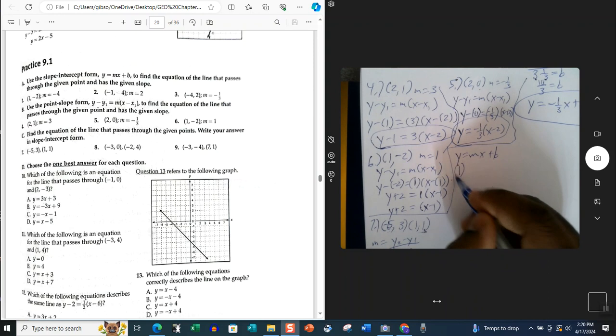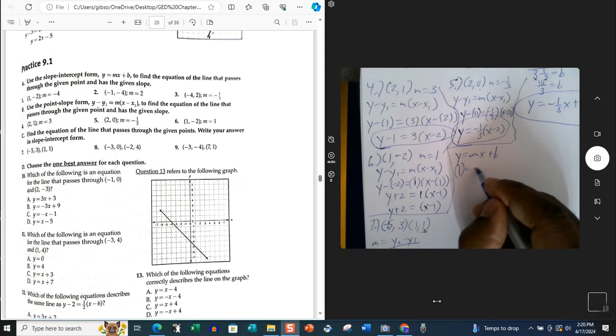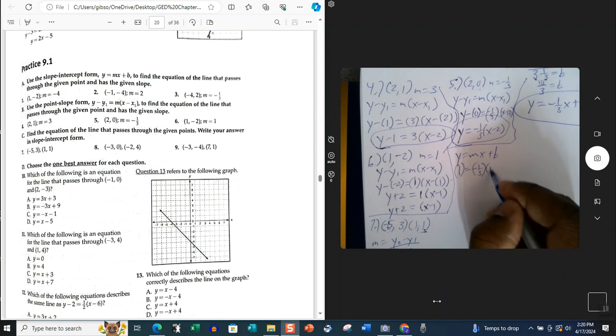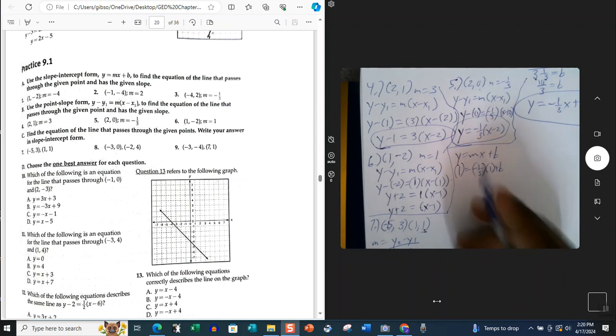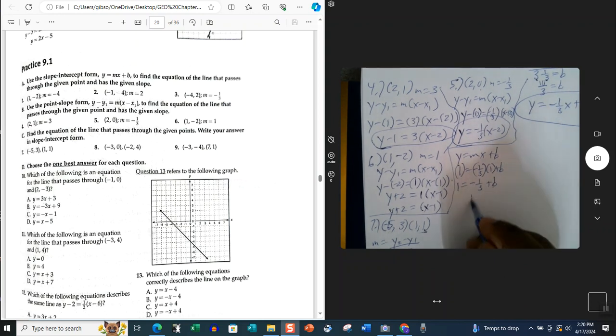So y would be 1, your slope would be a negative 1/3, and your x would be 1. So you have 1 is equal to negative 1/3 times 1, which is a negative 1/3, plus b. We add 1/3 to both sides. This will be 1 and 1/3 is equal to b. Now we have to change this 1 and 1/3 to an improper fraction. We know our denominator will remain 3, and our numerator would be 4, because 1 times 3 is 3, plus 1 is 4. So 4/3 is equal to b.